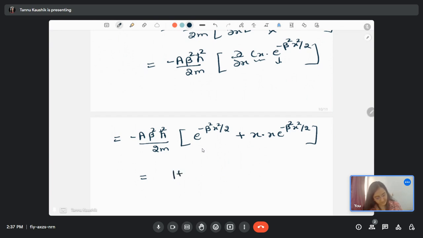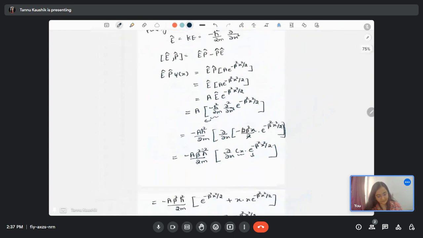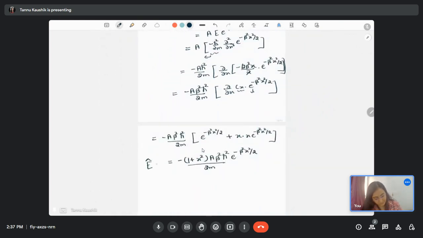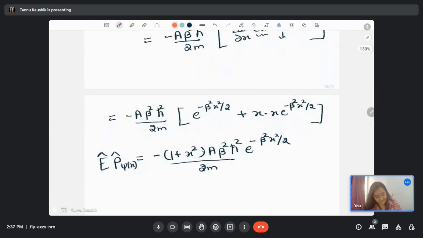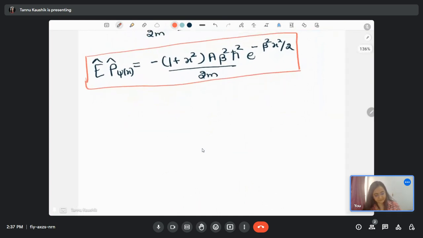So finally what we'll get is one plus x square minus e raised to minus beta square x square by 2. This is what we get for the kinetic energy operator operating on psi x.